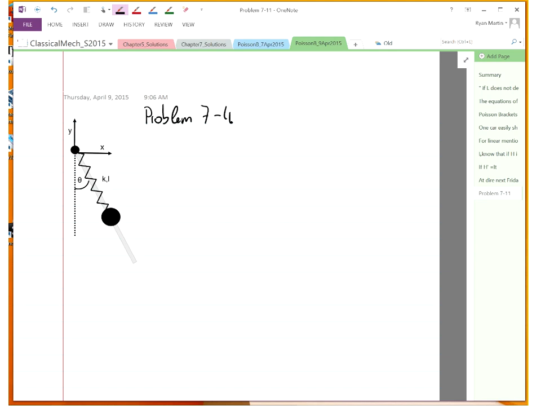So this is a problem with 2 degrees of freedom. And so I'm going to choose r and theta.